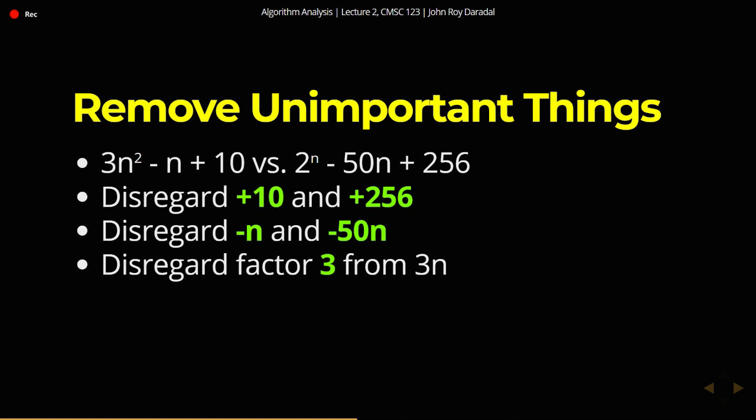And we can also disregard the factor 3 from 3n squared. So really what we're left with is n squared versus 2 raised to n. Algorithm A is essentially n squared and algorithm B is essentially 2 raised to n. That is why we chose algorithm A to be better in general, because n squared is faster than 2 raised to n, right?